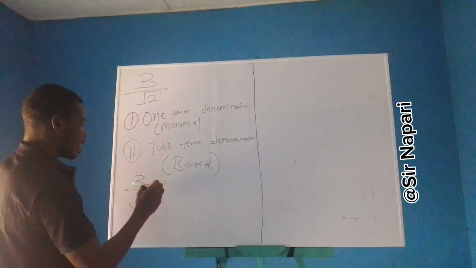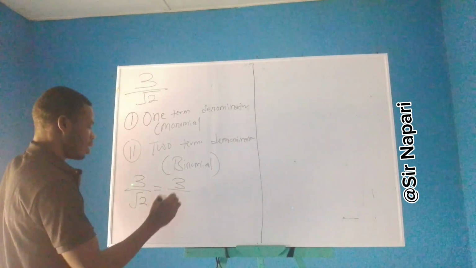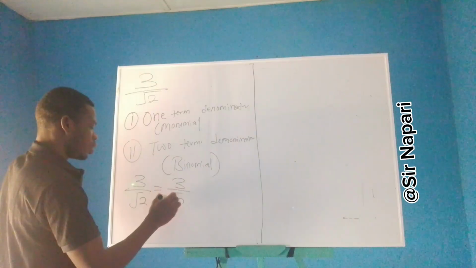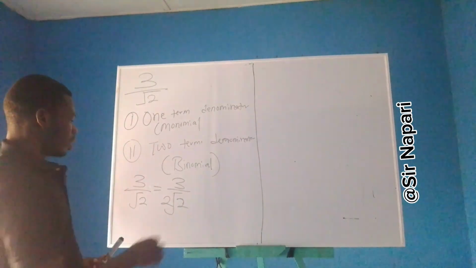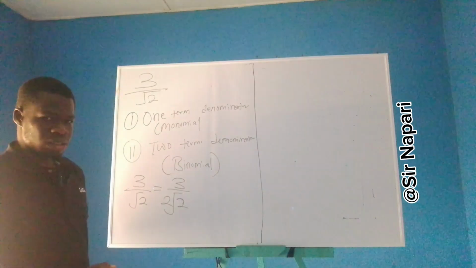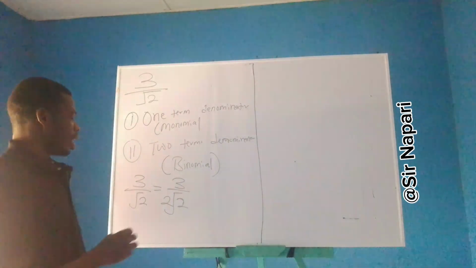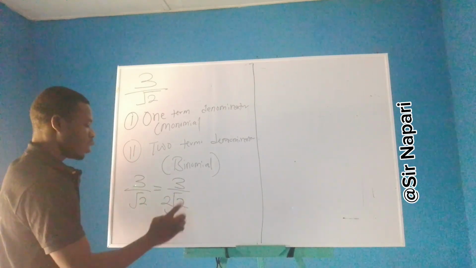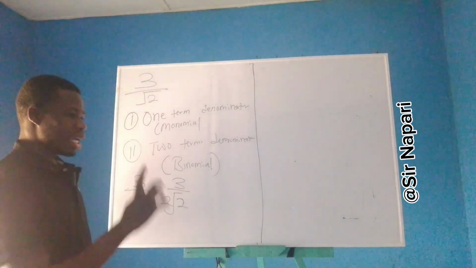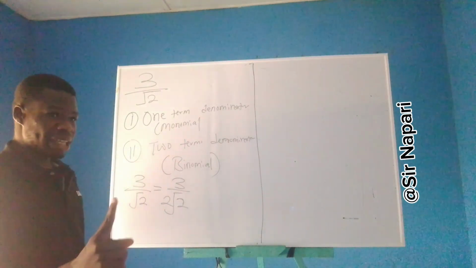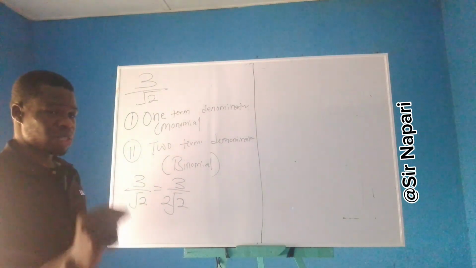Now, let's take a look at another one. We can also have 3 divided by root of 2. Now, is this also a monomial? If you say yes, you are correct, because this is also a 1 term. For you to be able to differentiate whether a particular denominator is a 1 term or not, always look out for any addition or subtraction sign.